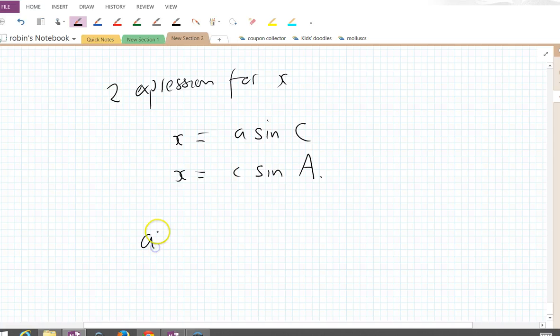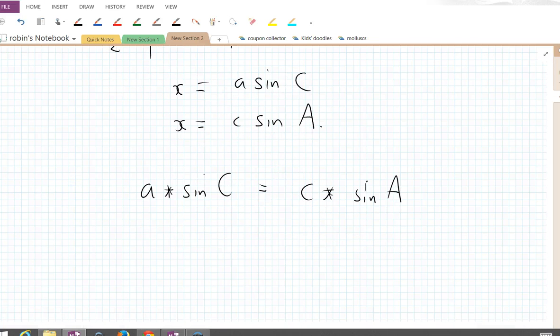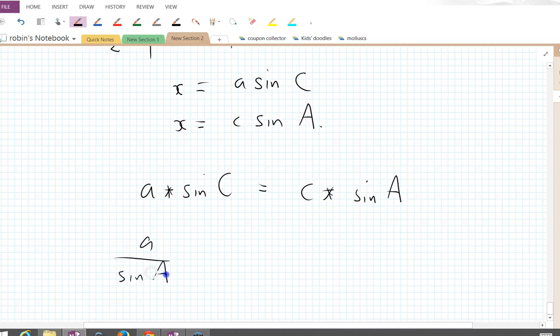So that tells me that A times sine C equals C times sine A, which is interesting. So what I'm going to do is take this A down here and write A over sine A equals C over sine C. Wow, that's nice.